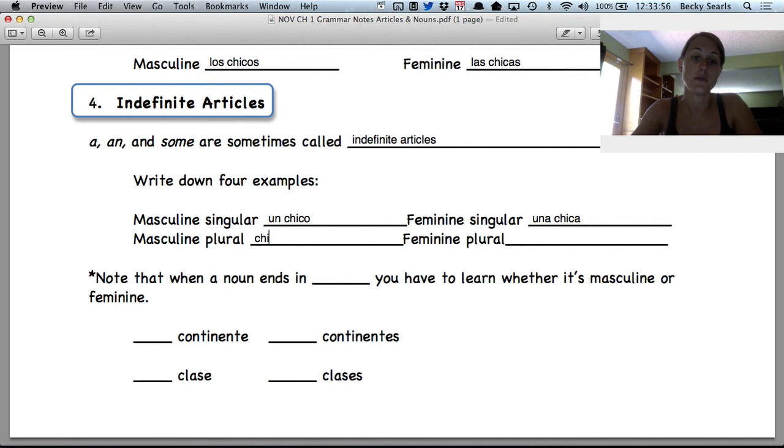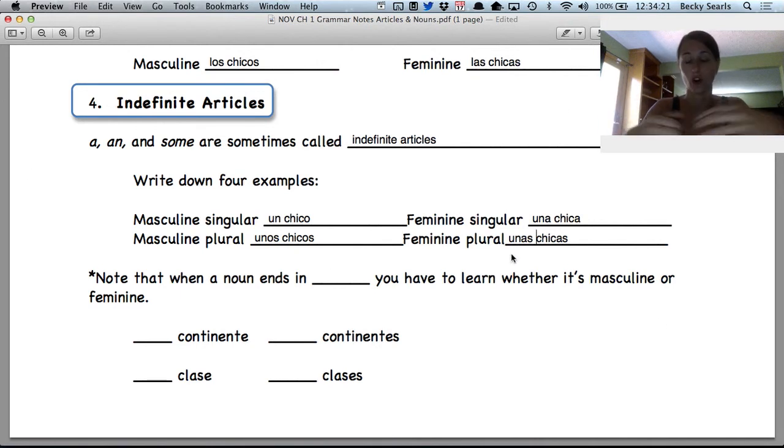Or if I had a group, say chicos, boys, but I need some boys, un is going to become unos. Notice that these match, unos, with chicos. Or a group of girls, chicas. I'm going to make una match the as here. So unas chicas.